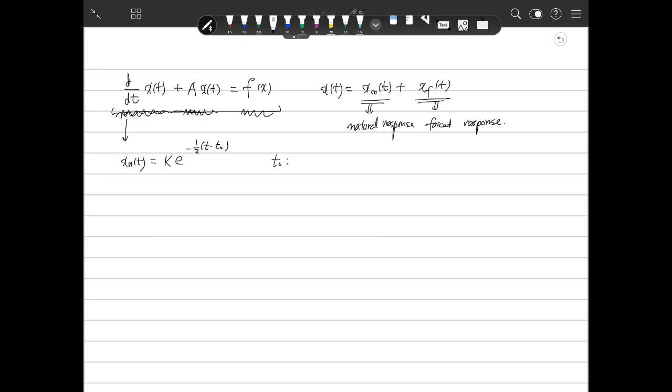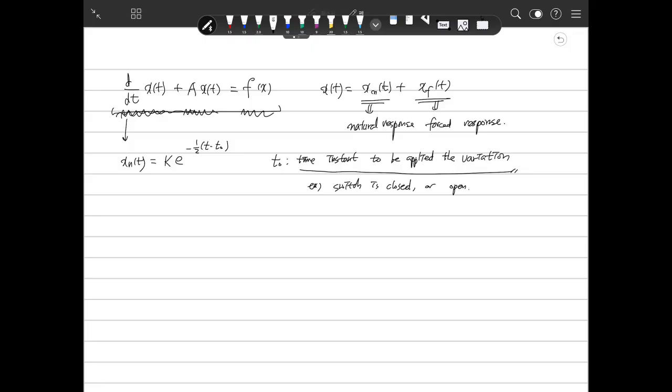Here t0 is the time instant at which the variation is applied, for example, a switch is turned on, closed or open, and so on.